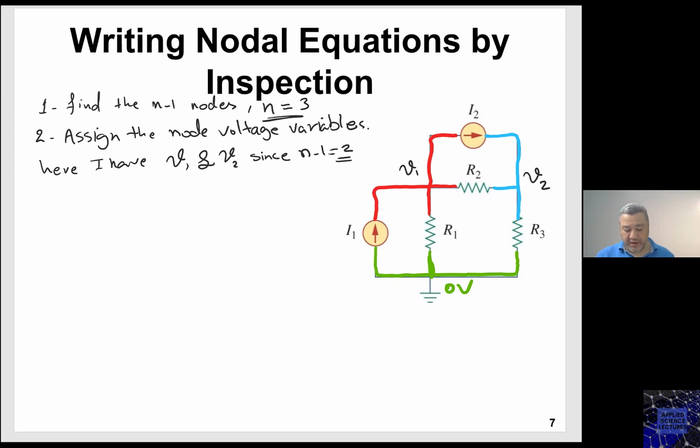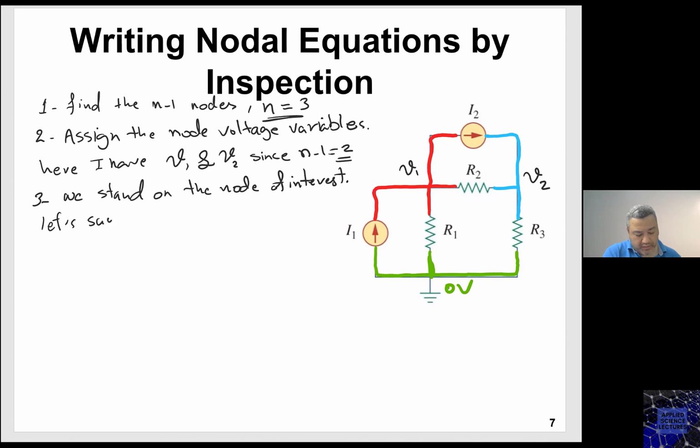Now we come to writing the nodal equations by inspection. That's the third step. We stand on the node of interest, let's say here V1.